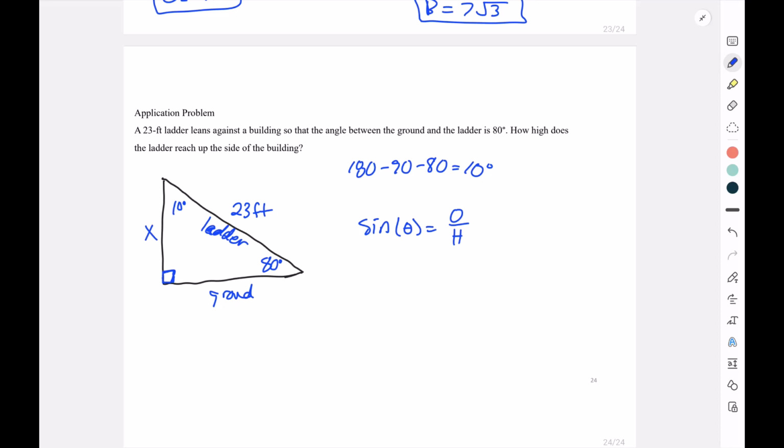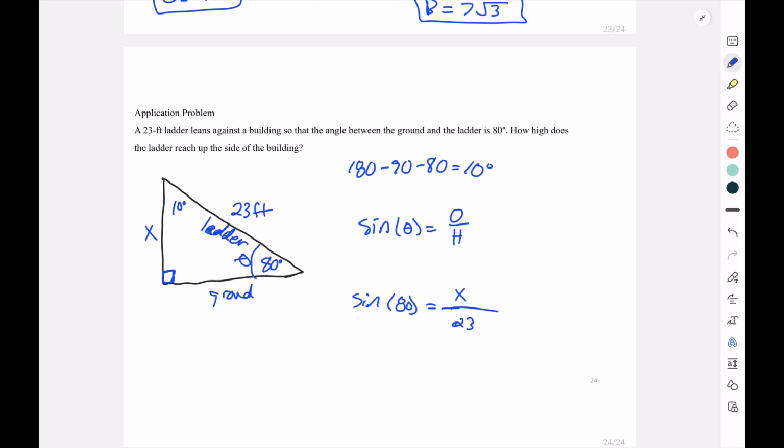So we know that if we're going to use our 80 degrees as our angle, or our theta, we know that for sine, we want sine of theta is equal to opposite over hypotenuse. So sine of 80 degrees is equal to opposite being x over our hypotenuse being 23.